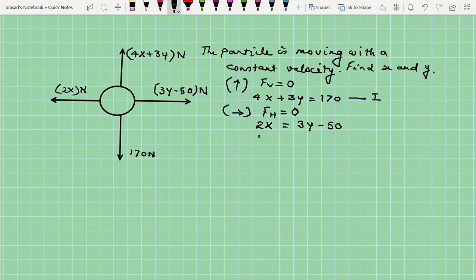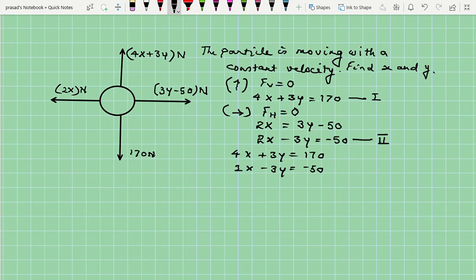So I get another equation, 2x minus 3y is equal to negative 50. You can just solve these equations on the calculator or just solve simultaneously. 4x plus 3y is equal to 170 and 2x minus 3y is negative 50.